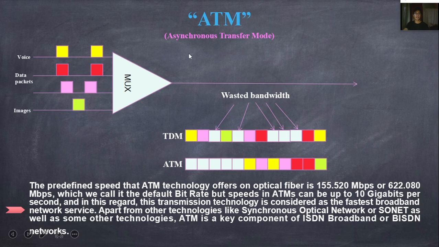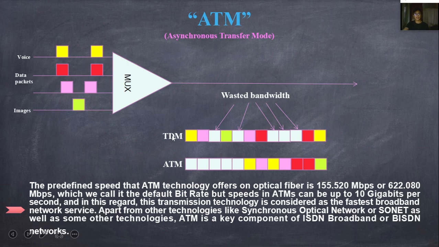Here is the ATM or Asynchronous Transfer Mode network, which uses multiplexing. The first is voice, the second is data packets, and the last is the image.